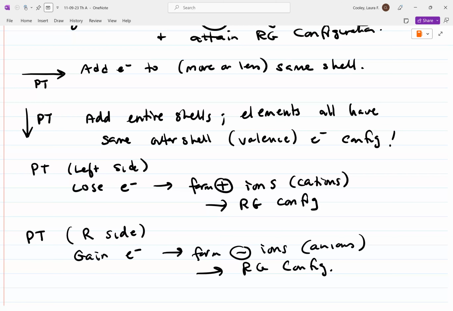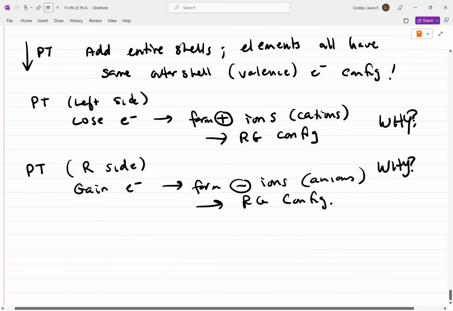So I guess the next thing that we really need to investigate is why do elements on the left side of the periodic table lose electrons? And why do they gain electrons on the right side of the periodic table? And why do they stop at the rare gas configuration?